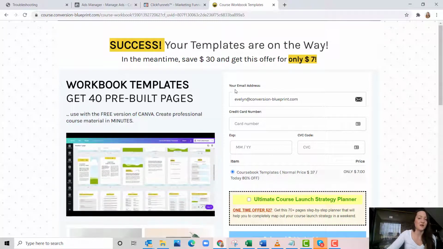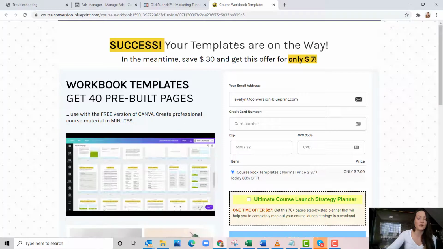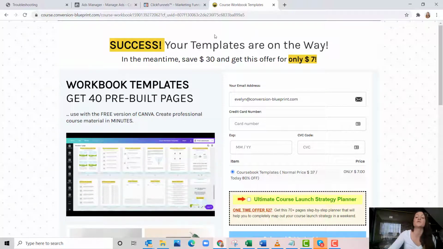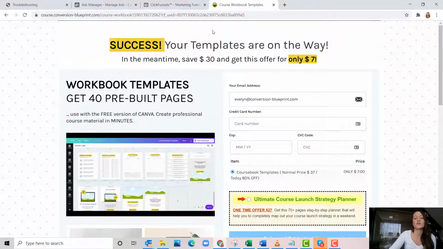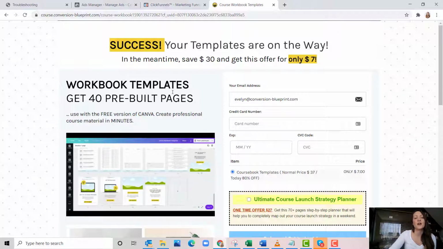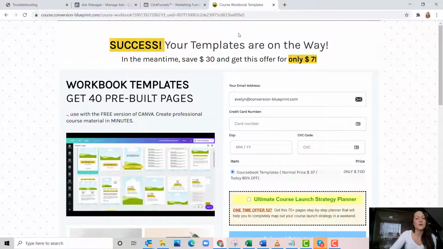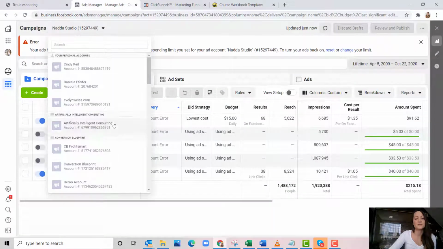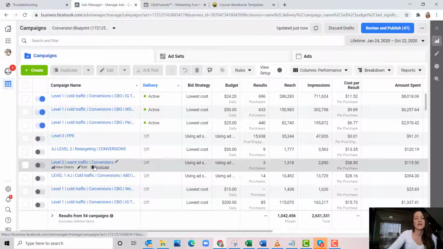If I'm not at the stage where I have a self-liquidating offer, a tripwire product here, and I just want to send them to my group after or use the thank you page for another purpose, then I would just optimize for the lead event, and then I would just judge my cost per lead in here.